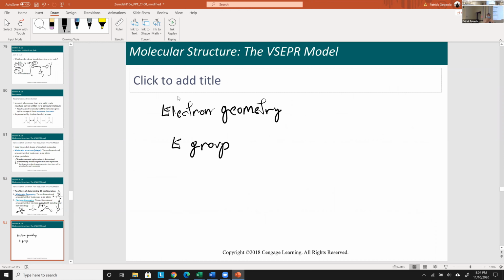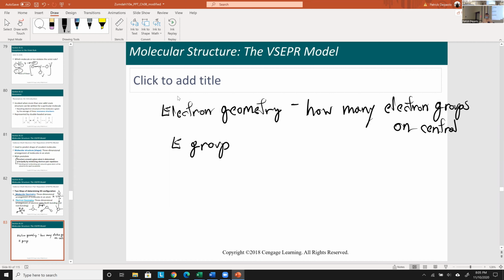An electron group, so the geometry is determined by how many electron groups are on the central atom. So what determines an electron group? An electron group could be a lone pair.